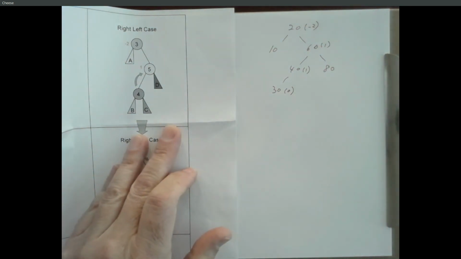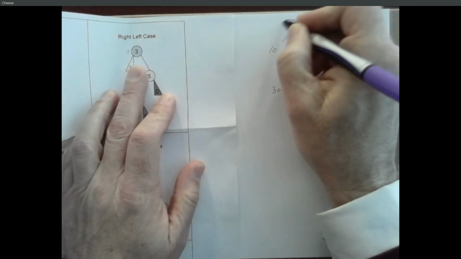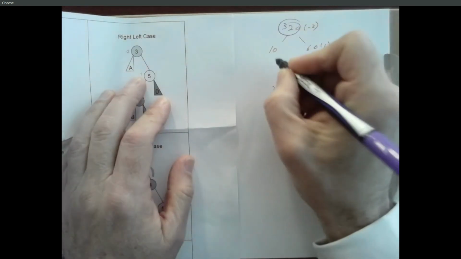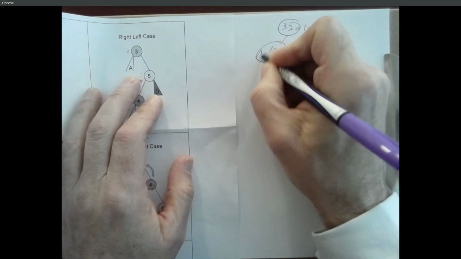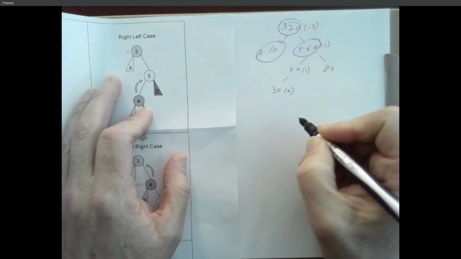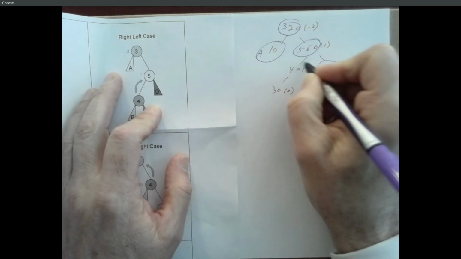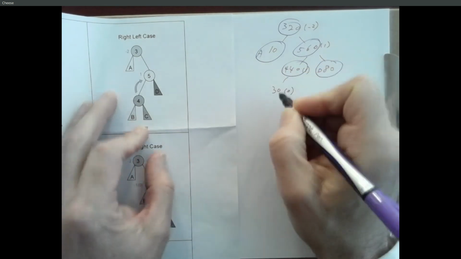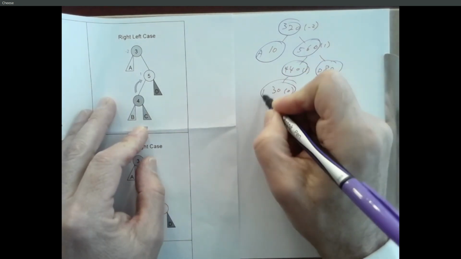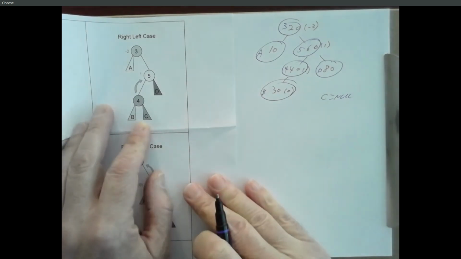So let's label these. So this is node 3. This is subtree A. This is node 5. This is subtree D. This is node 4. This is subtree B. And C is null. Does that look right?